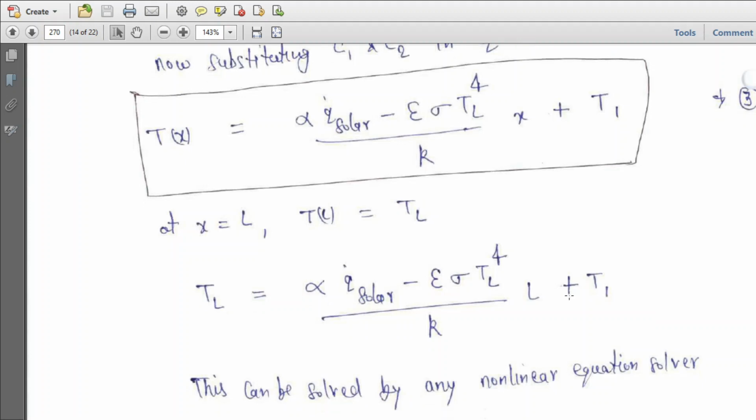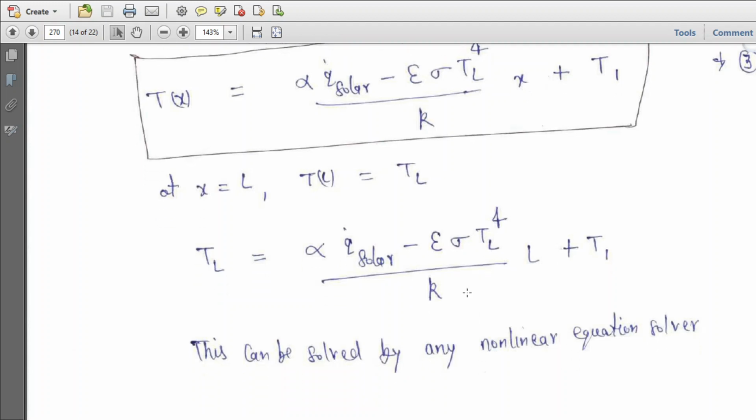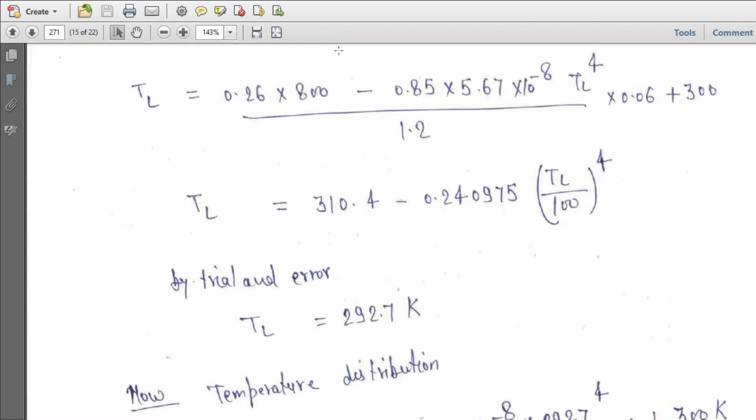This can be solved by any nonlinear equation solver. So this is the equation in terms of TL. You can solve by non-linear equation solver or by trial and error methods. So in that case TL comes out to be 292.7 Kelvin.